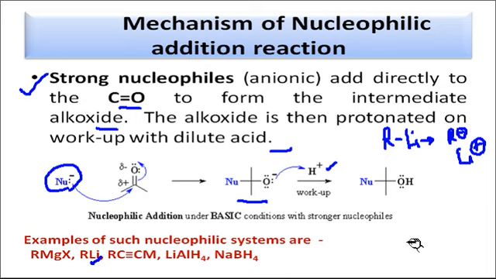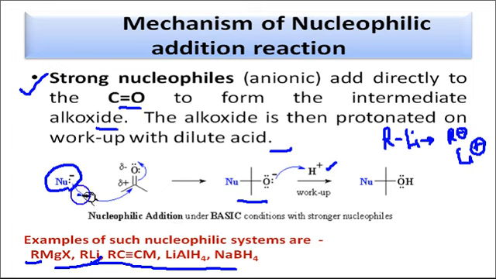Similarly, all these other examples are strong nucleophilic systems in which the R group is behaving as the negative atom, that means a strong nucleophile, or the negative ions, all the negative ions behaving as strong nucleophiles. And with a strong nucleophile, the reaction takes place in 3 steps.